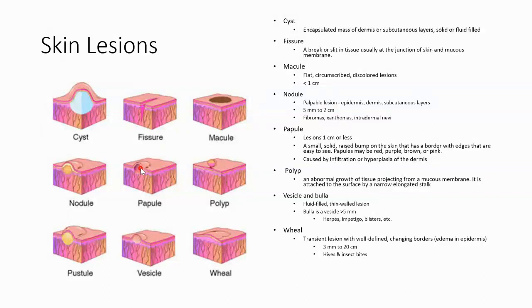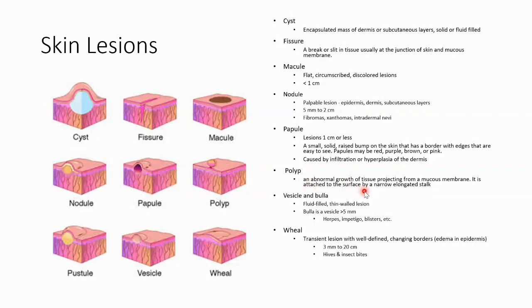These are like raised pimples. Papules usually form in large numbers, little raised bumps on the skin, and give the appearance of a rash.